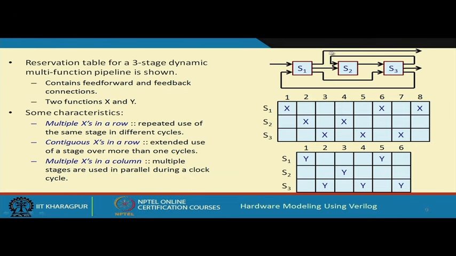From S1 there is a path for the data to go out. And similarly for the other computation y, say from S1 to S3, S2, S3, S1, S3 then goes out. You see from S3 also there is a path to go out. So, for the x computation the results are generated here, and for y here.